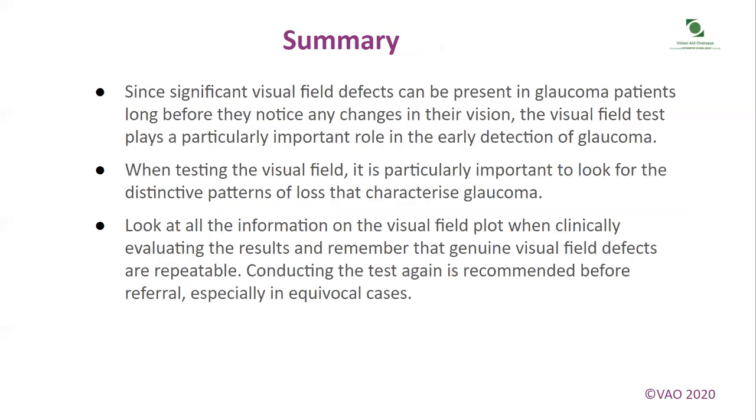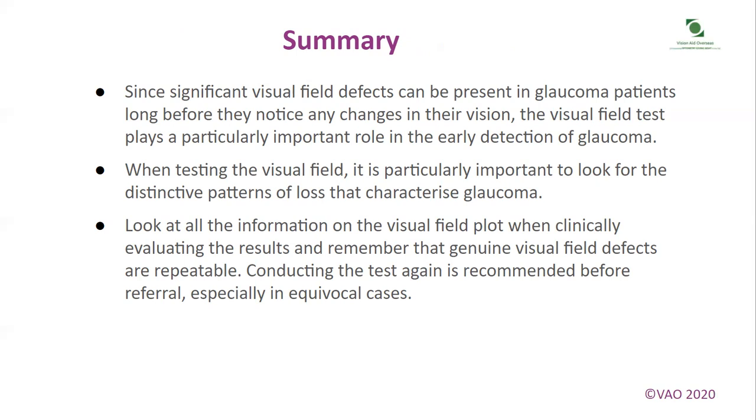And in summary, since significant visual field defects can be present in glaucoma patients long before they notice any changes in their vision, the visual field test plays a particularly important role in the early detection of glaucoma. When testing the visual field, it is particularly important to look for the distinctive patterns of loss that characterize glaucoma.